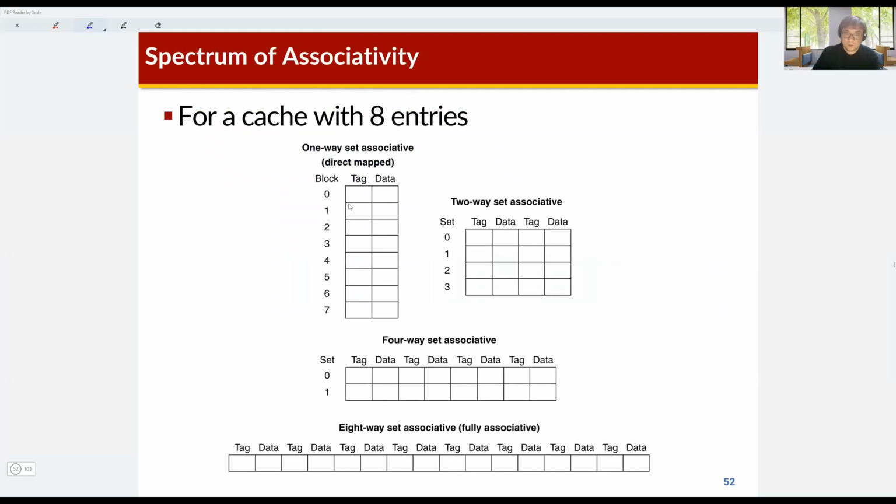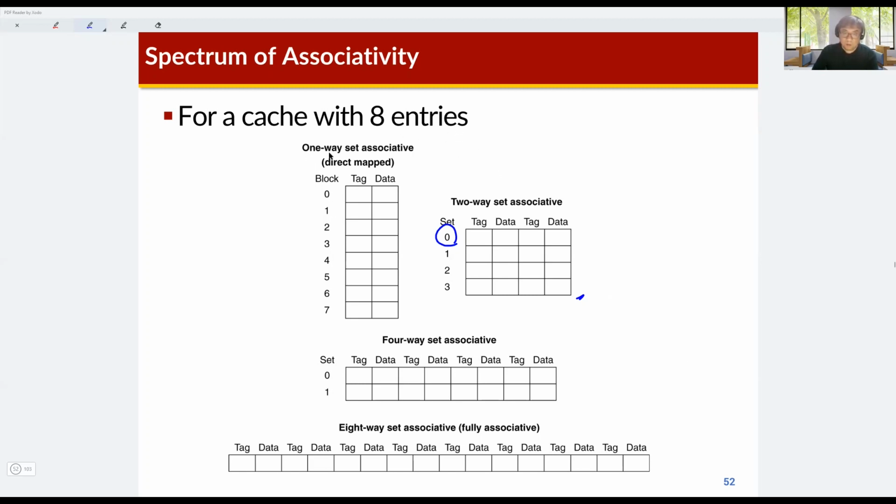Actually, we can say that the direct mapped cache is a one-way set associative cache because one set has only one cache block. And this is the organization of the two-way set associative cache: in one set there are two cache blocks, and in the four-way set associative cache there are four cache blocks in one set. This example shows a cache with a total of 8 entries.